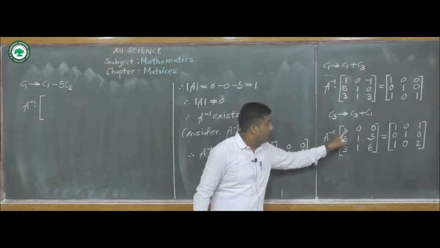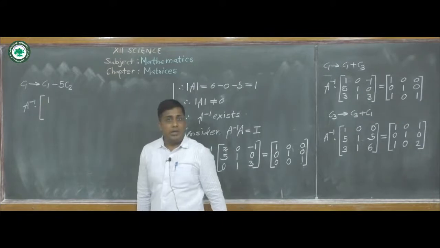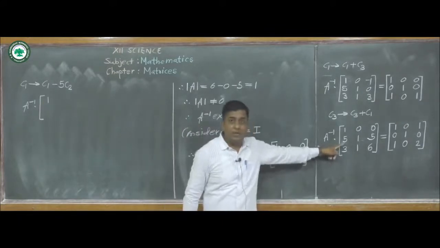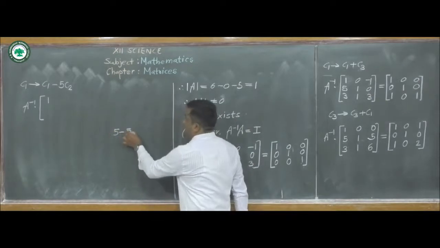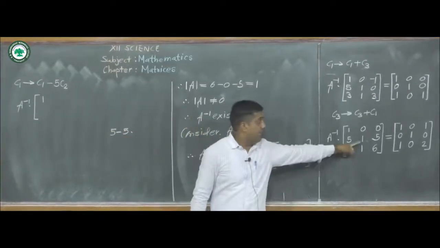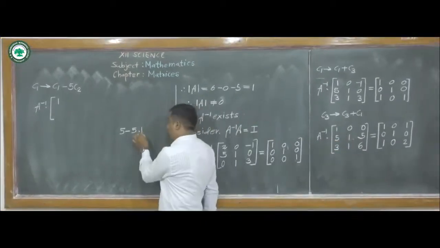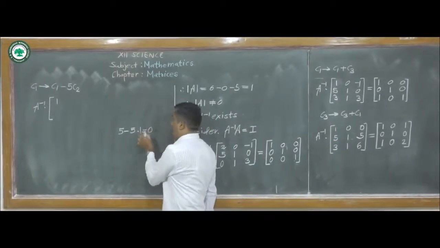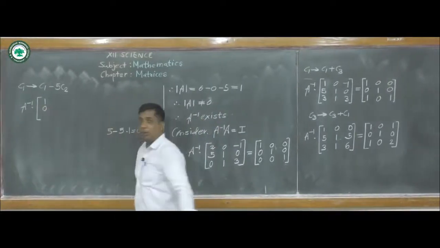Okay. So here 1 plus 0 is, we get 1. Next, here 5 is given. So 5 minus 5 into, the second element from the column second is 1. So 5 into 1, and we get 5 minus 5 is 0. So here we have 0.